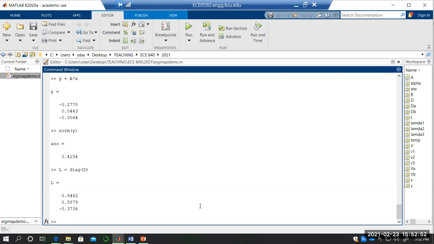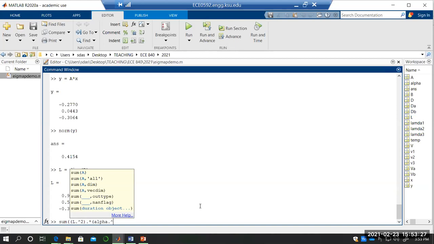We have the alphas. Sum L dot star alpha.